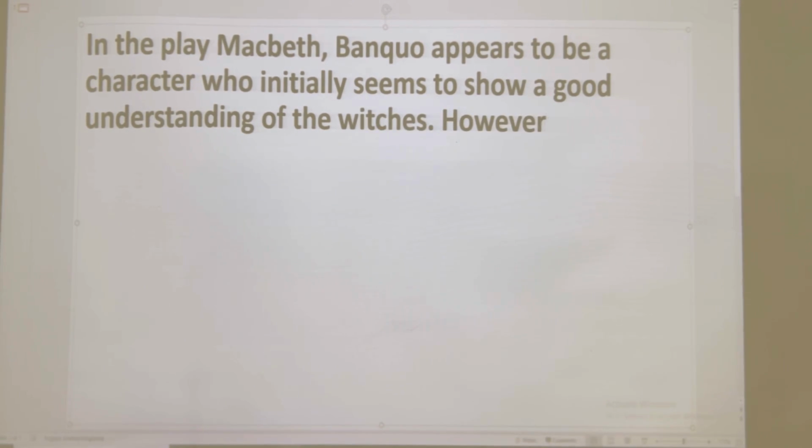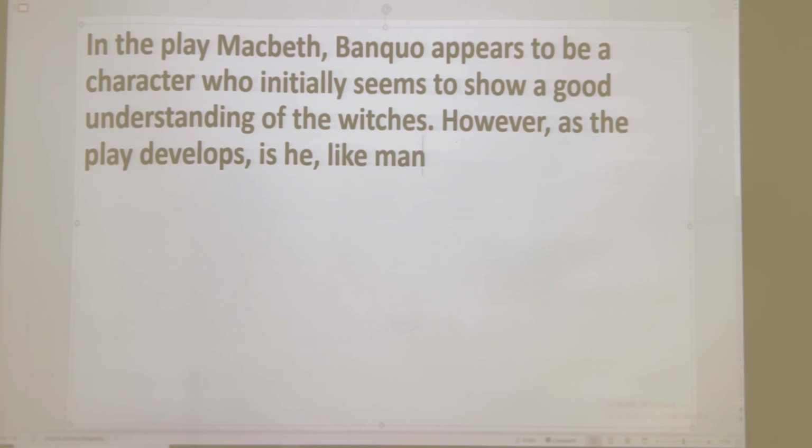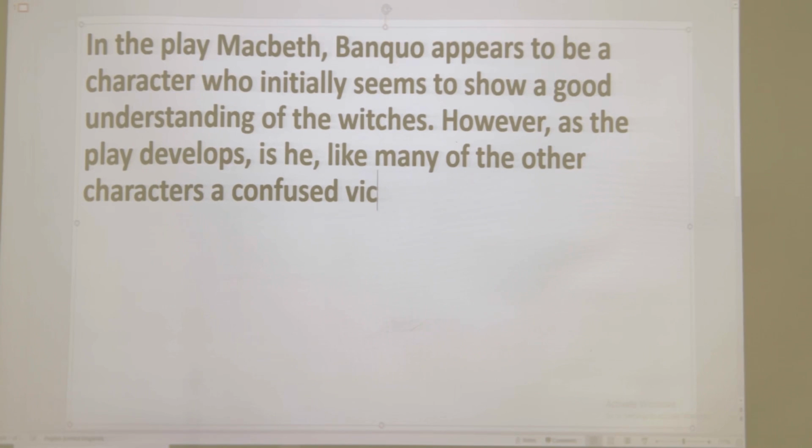However, as the play develops, is he, like many of the other characters, a confused victim of the three weird sisters?